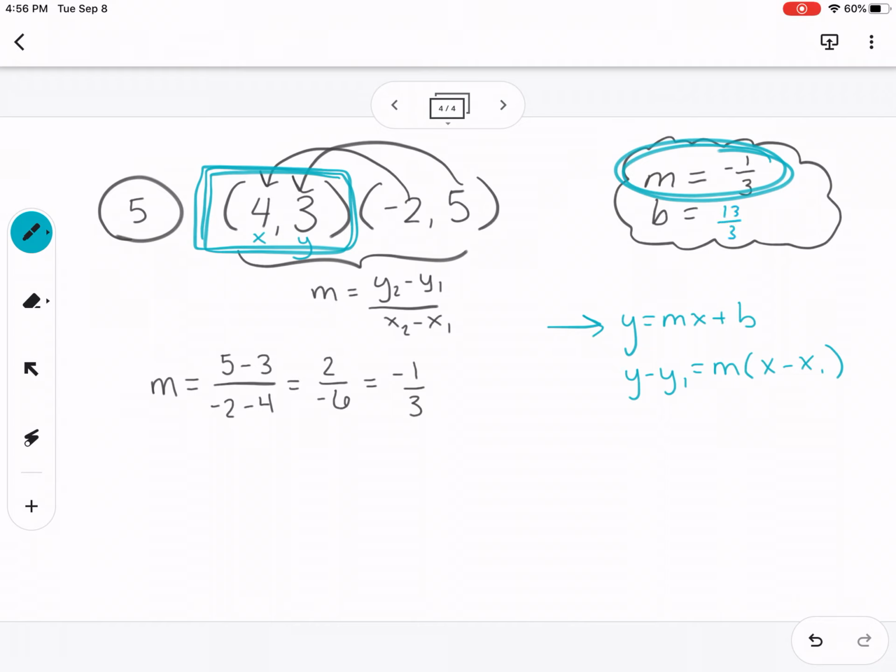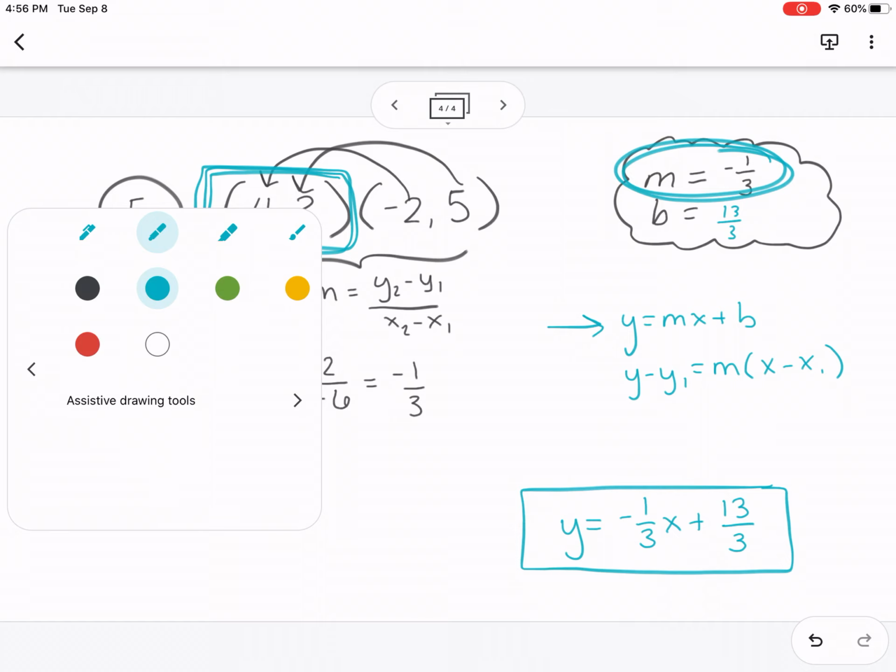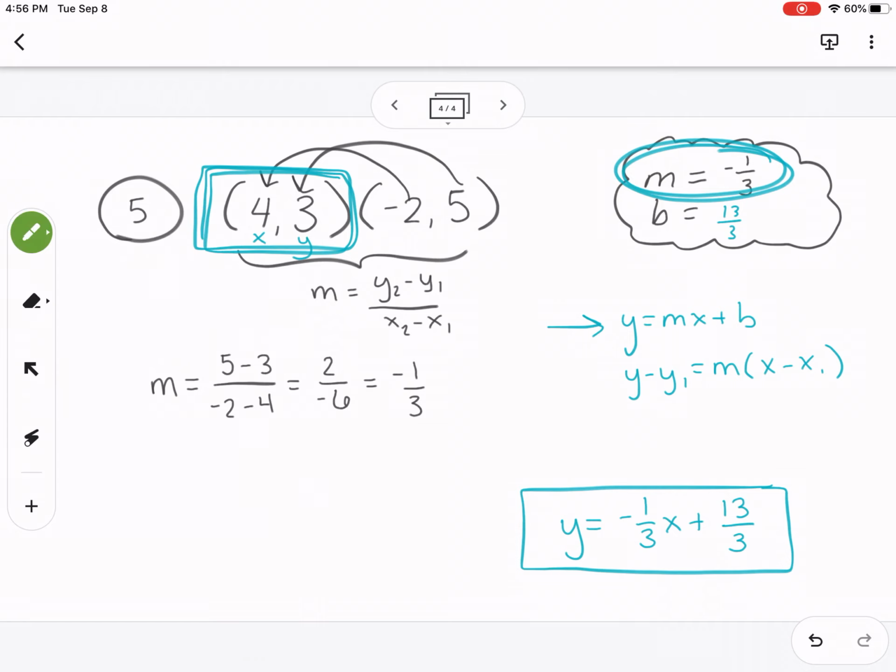Once you get your b value, you'll write your final answer. If you do the point slope form, instead of finding your b value, you'll actually just skip straight to this step and the b value shows up in your final answer. If you were rewriting this into standard form, okay, first thing I would do is move that x over to the other side.